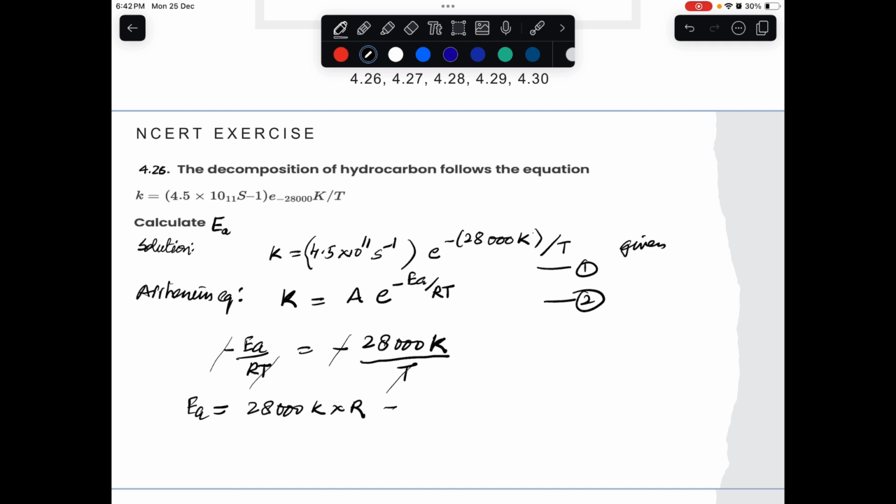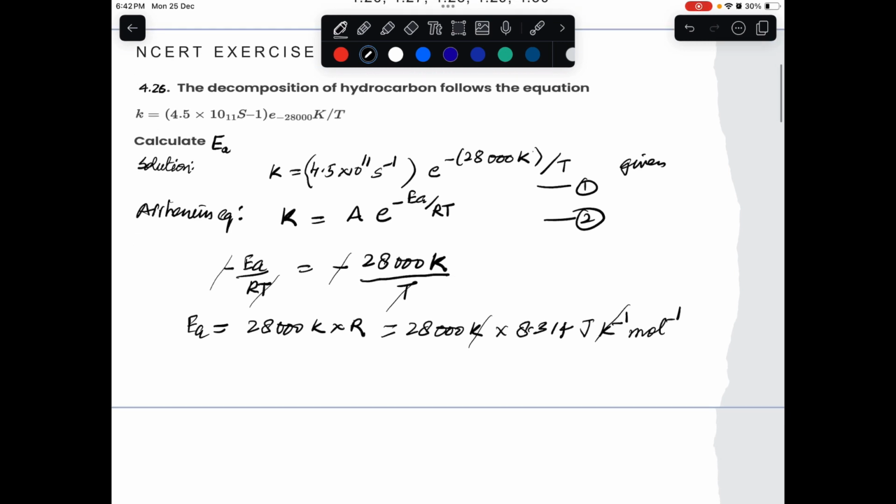This is equal to 28,000 Kelvin into value of R, that is 8.314 joules per Kelvin per mole. This Kelvin and per Kelvin will cancel out.